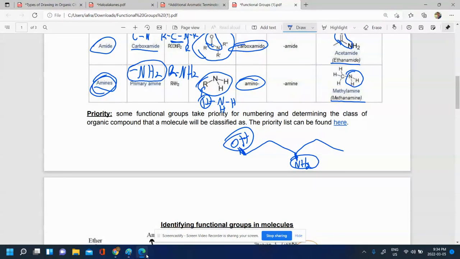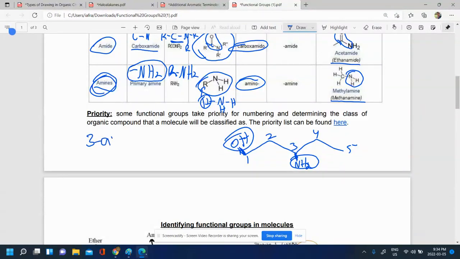So when I name it as a substituent, I'm going to start counting to give the lowest number, highest priority, in other words, to the alcohol. So 1, 2, 3, 4, 5. If I went the other direction, then the OH would be too high in number. So this is a pentanol molecule, but on carbon number 3, I have an amino group.